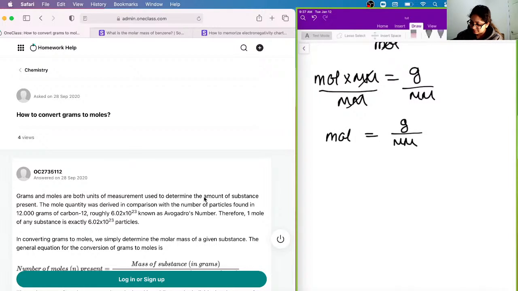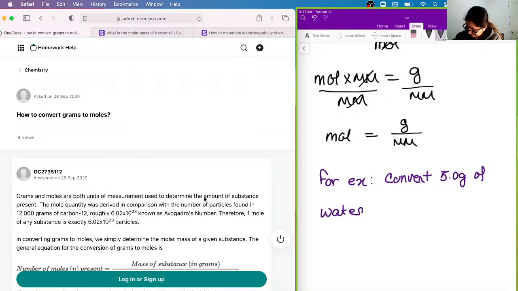So for example, let us convert 5 grams of water, H2O, to moles.